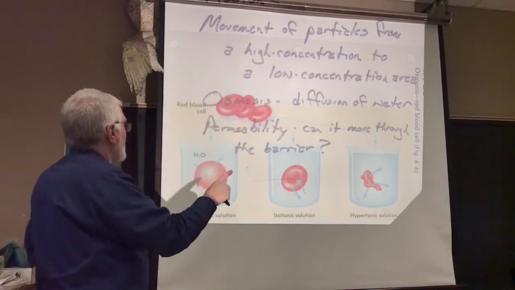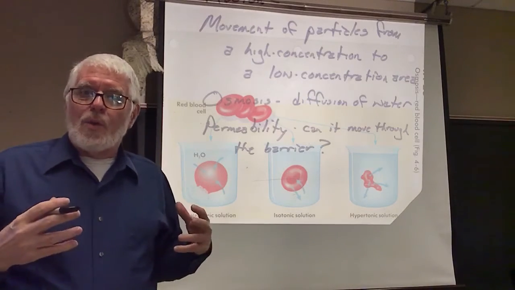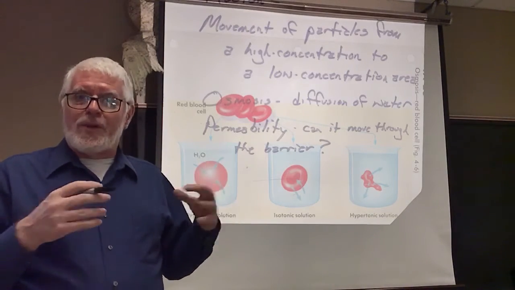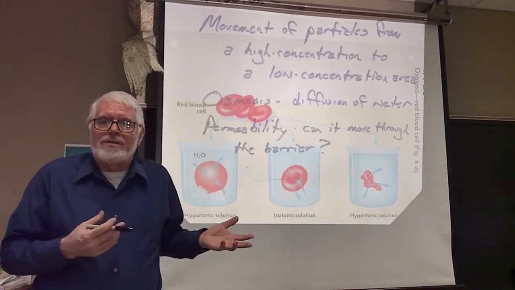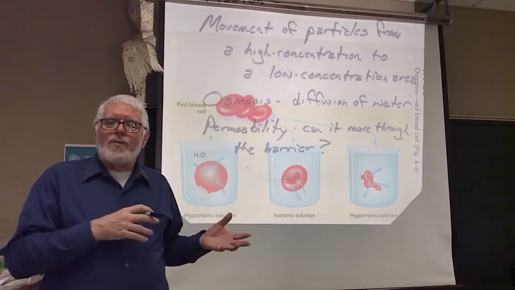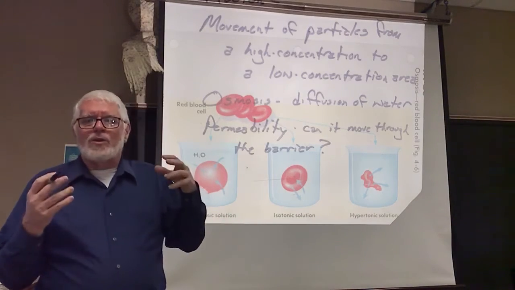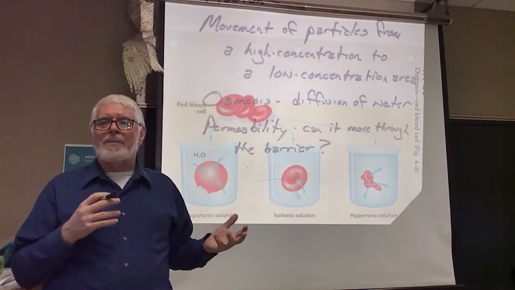If you take red blood cells and you put them into a beaker of just water, the water will osmose, it'll diffuse into the cells because there's a lot less water in the cells. So for every few molecules that are leaving, a whole bunch of molecules are coming in, and it swells the cells up and pops them.